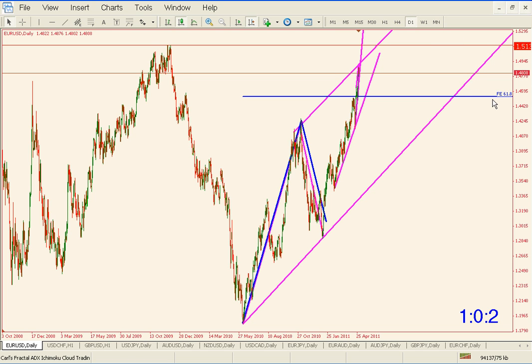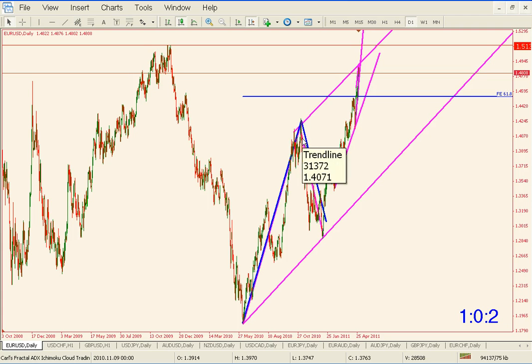I don't have it on the chart, but as you see, we broke this first level, 61.8, and our next level will be up here somewhere. But I don't think we're going to get there right away. I think we're going to see this level as an area of concern, an area of resistance where we could have a drop for a little bit.